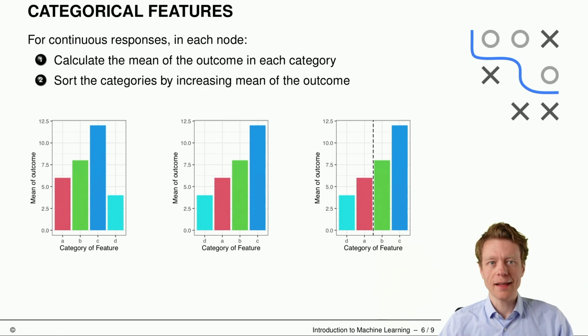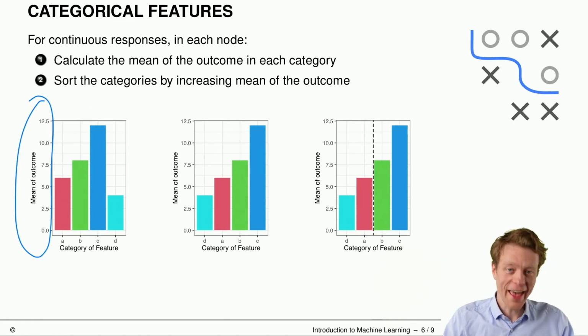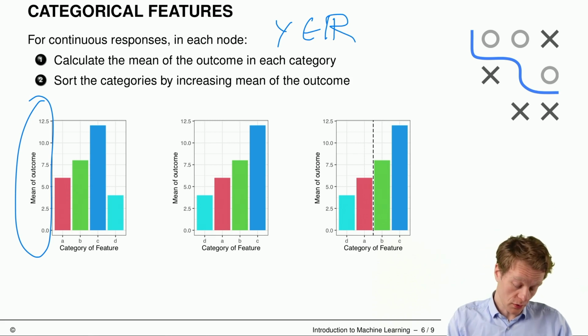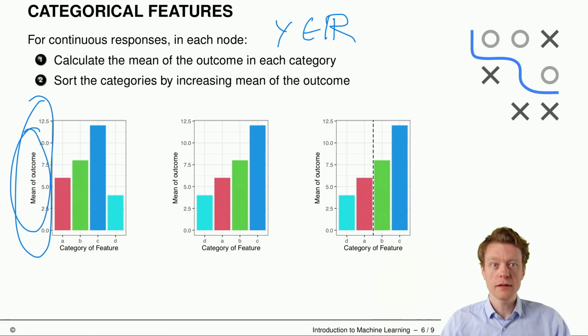Okay, how does this work? Basically, it's exactly the same idea, so the plots are also basically the same because we just changed the y-axis here. So now y is some continuous response, maybe from R, and on the y-axis now we do not have the probability or the relative frequency of the 2 classes, but the mean of the outcome, but the bars are the same.